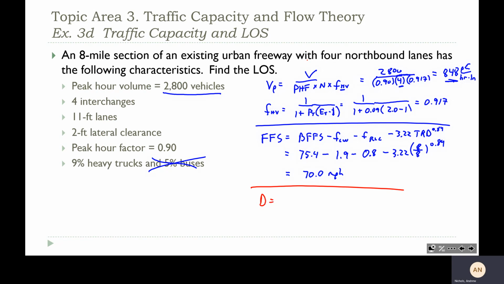So density is equal to VP over S. So we've got 848 divided by 70. So 12.1 vehicles per mile. So then looking at the level of service table, what is a density of 12.1?